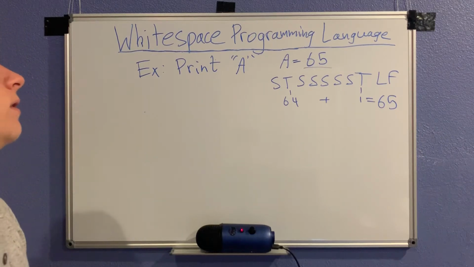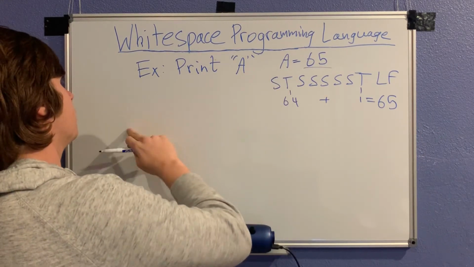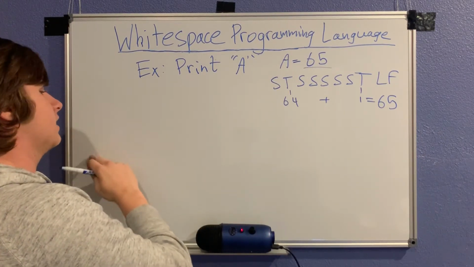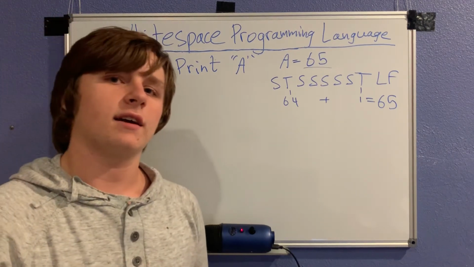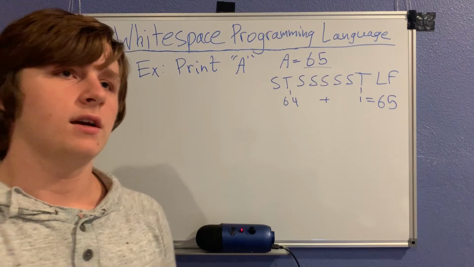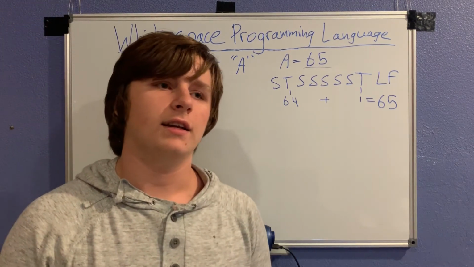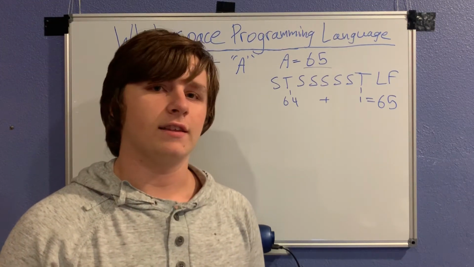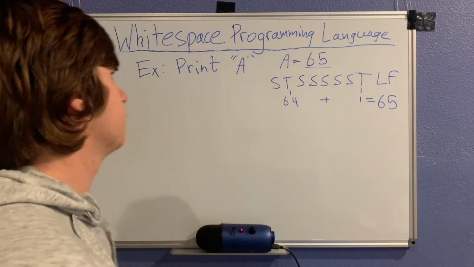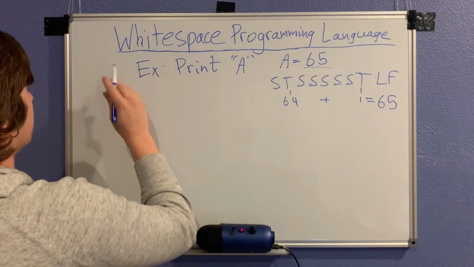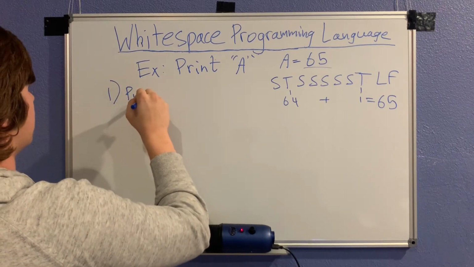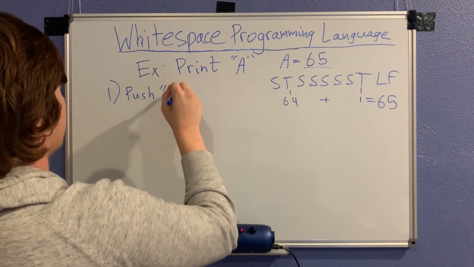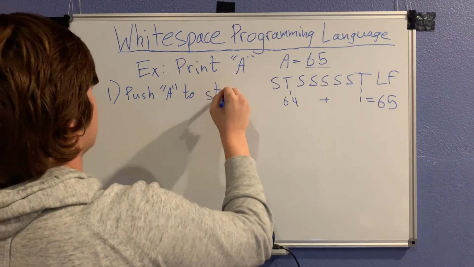So now that we know what it actually is, we need to actually push that binary number to the top of the stack, because the print command only looks at the top of the stack. It doesn't actually have anything to push. So step 1 is push A to the stack.